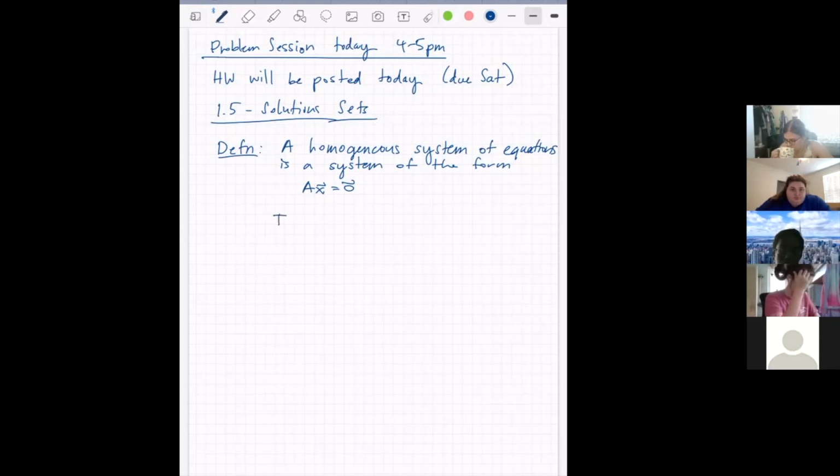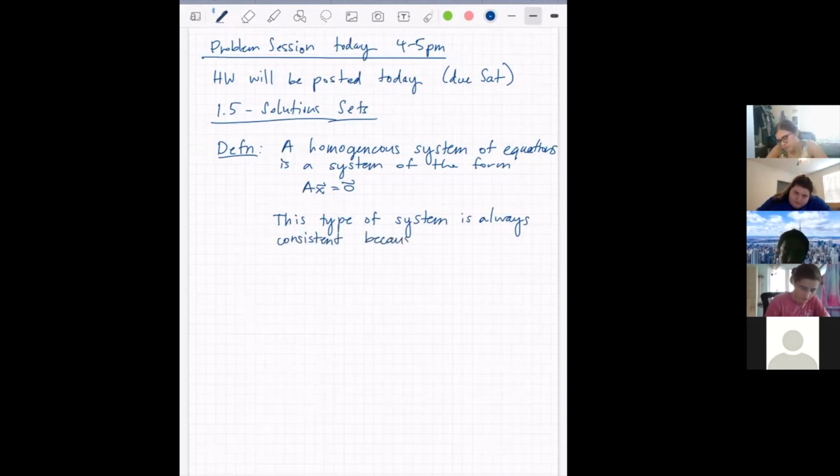Something special about this type of system is that it is always consistent. And that is because x equals 0, the 0 vector, is always a solution.